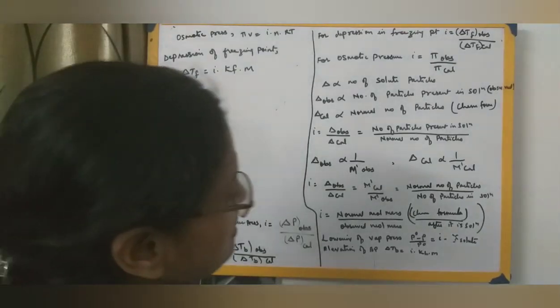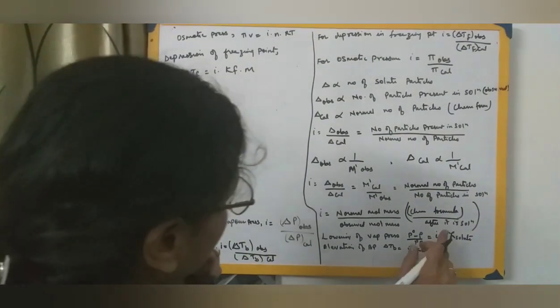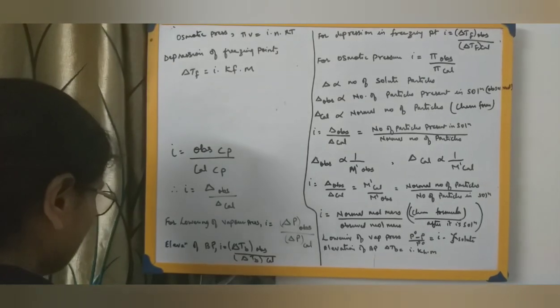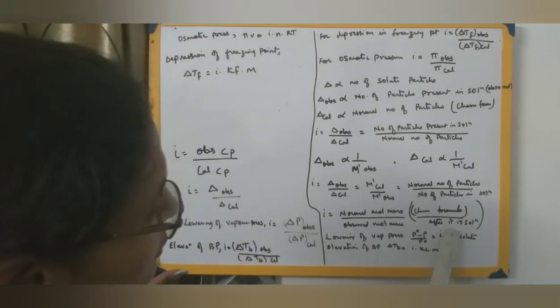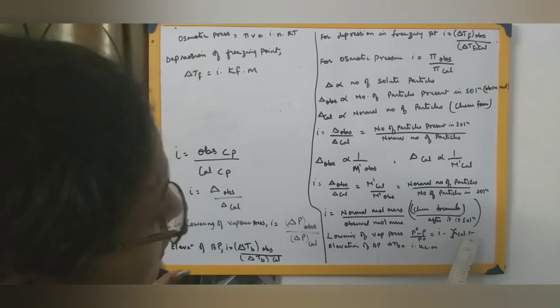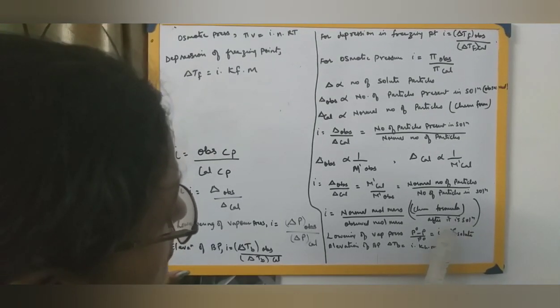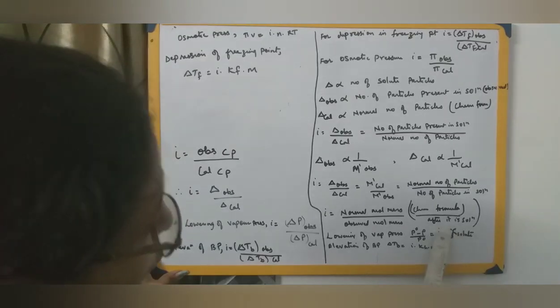Now how much there will be abnormality is represented by the Van't Hoff factor. So we will multiply by the Van't Hoff factor i over here, because this is the extent of the abnormality, so whatever is the chi of solute will be multiplied with the Van't Hoff factor.